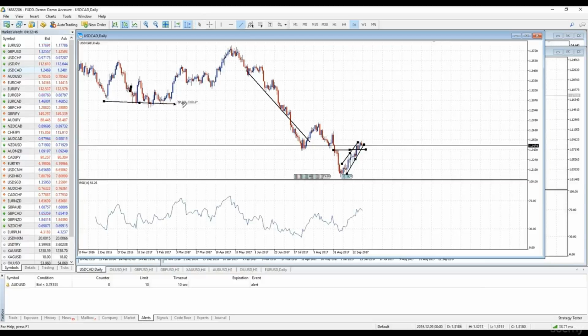So for example, here in the past where we had this level of support, this area here, it held up because lots of traders are looking at the same level. If you're looking at buying USD CAD on a daily and you see these lows here, this low was tested and then immediately rejected, and you might have missed that opportunity.